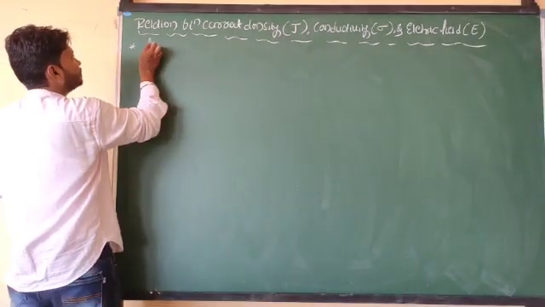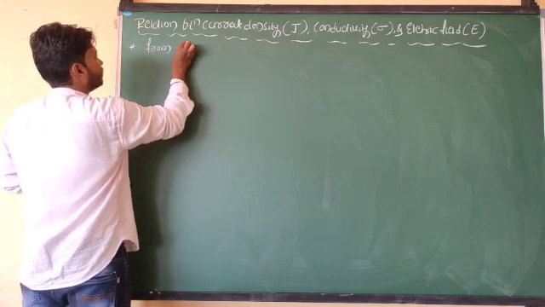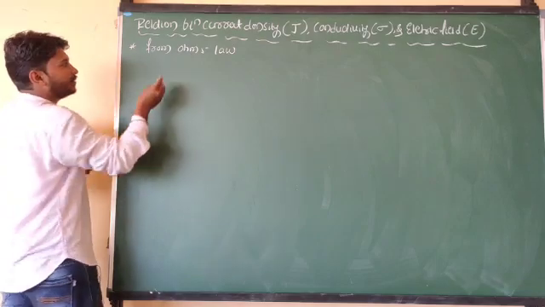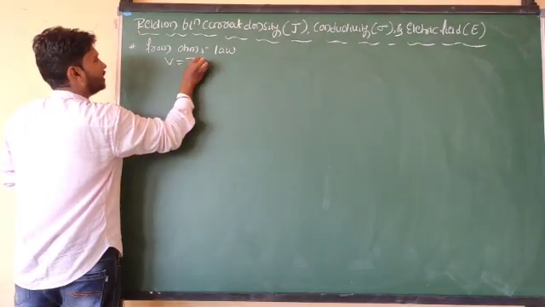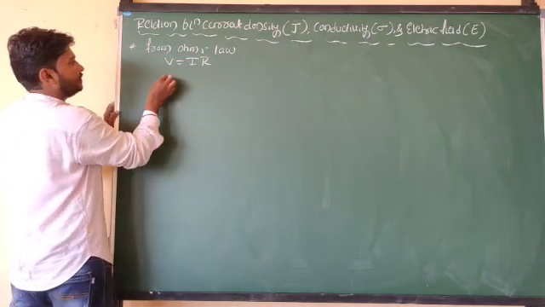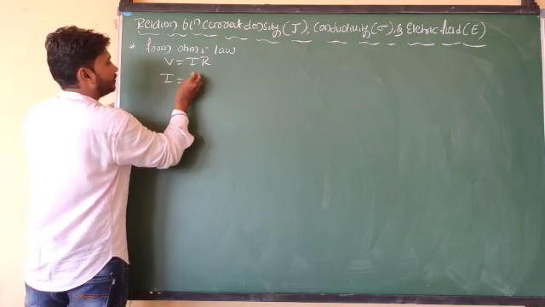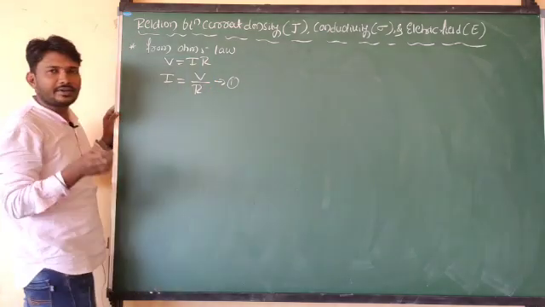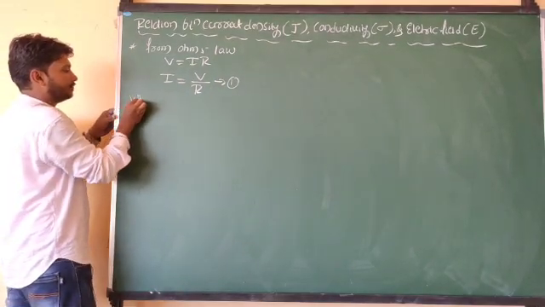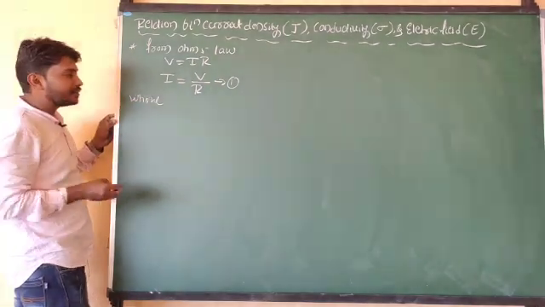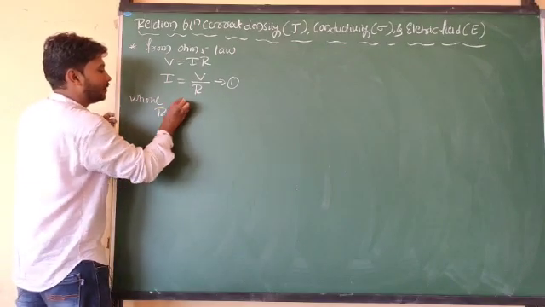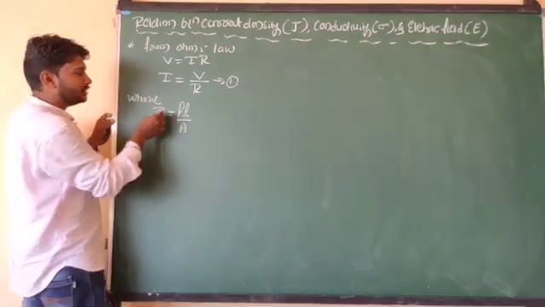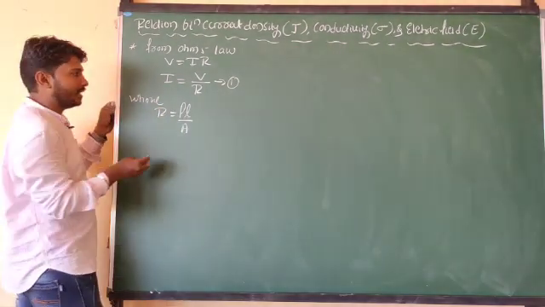From Ohm's law, we can write V is equal to I into R, or I is equal to V by R. Let me take this as equation 1, whereas resistance R is equal to rho L by A, from the factors that the resistance depends on.